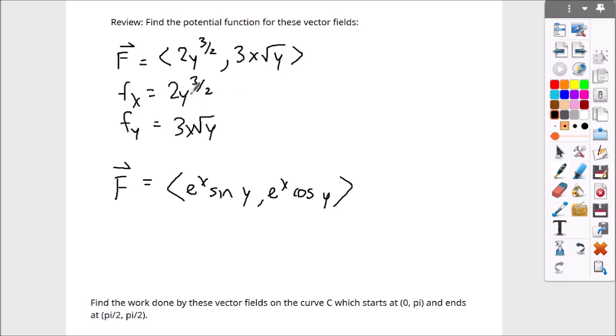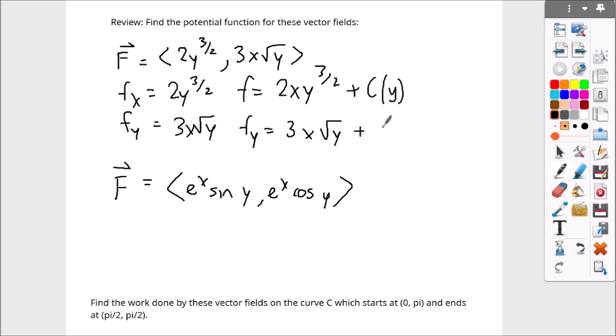So if f sub x is this, then f is the integral with respect to dx. So 2xy to the 3 over 2 plus c, but the c is a function of y. And so if we take the derivative, then we will have 3x y to the 1 half plus c prime of y.